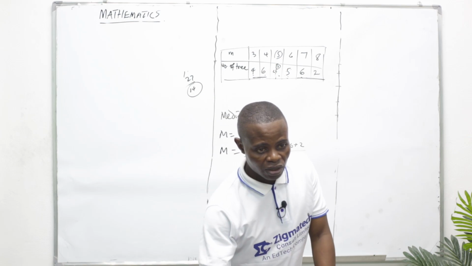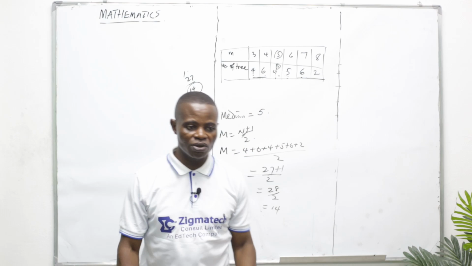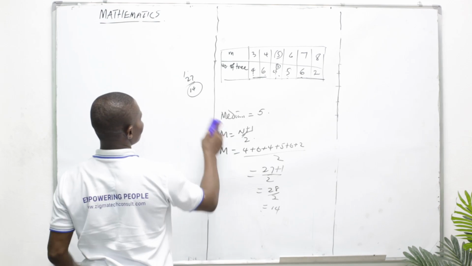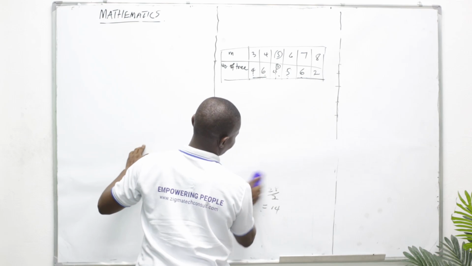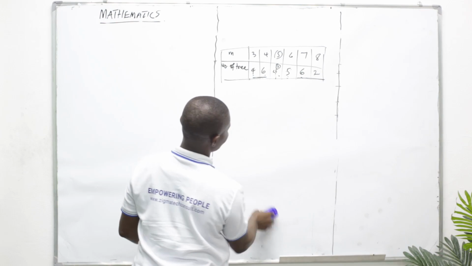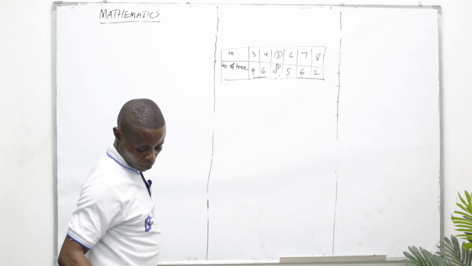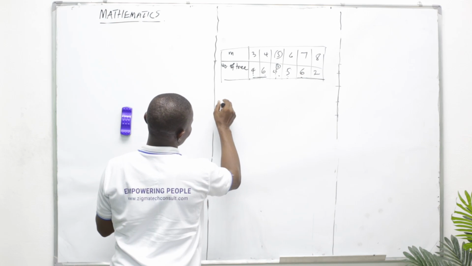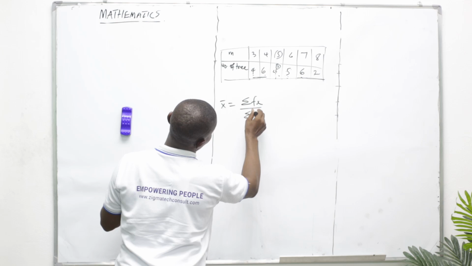The next is, calculate, correct to 1 decimal place, the mean. So this is where the recalculation is. We have our table already. You know that the mean, x bar, equals summation fx all over summation f.